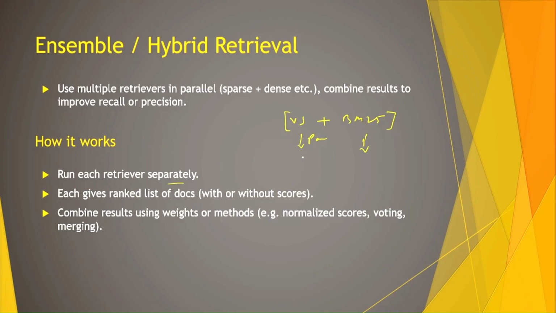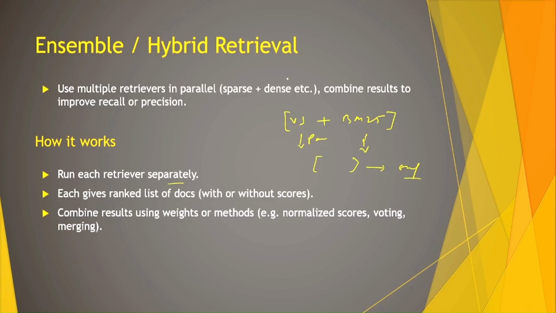Using that, they assign the weight and they combine all the results, and finally give the final output. So basically this is how hybrid retrieval works. It is called hybrid because it is using both sparse and dense retrievers all together in parallel, and they combine the results from both retrievers and finally give the output. That is why it is called ensemble or hybrid retriever.